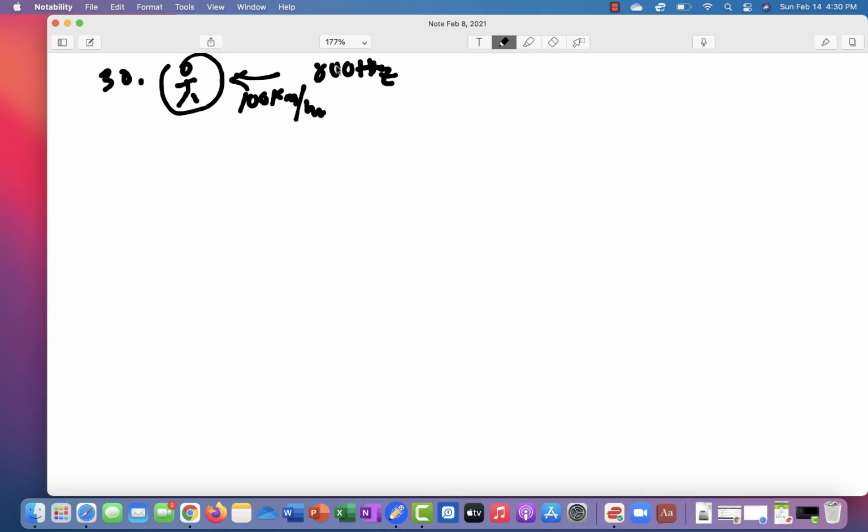And the formula you need for this is the observed frequency. Now, this is the formula when there's no motion for the observer. So the observed is equal to the actual source frequency times a correction factor for the motion. And that correction factor is the velocity of sound divided by the velocity of sound plus or minus the velocity of the source.